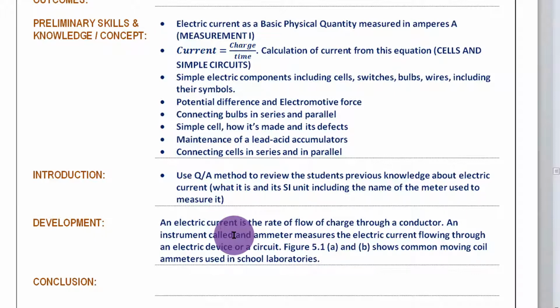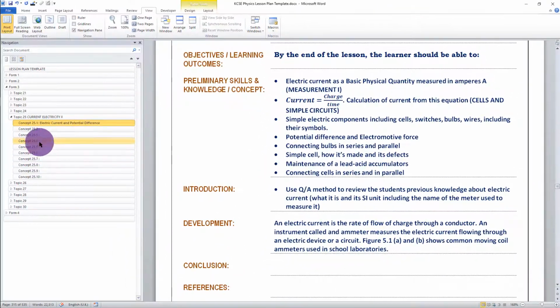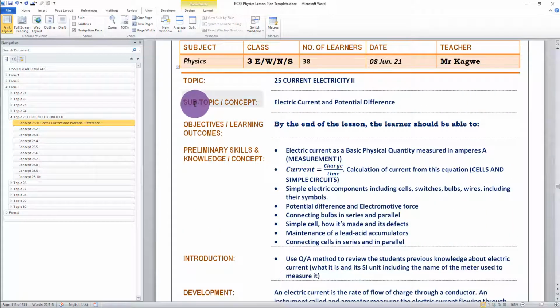Before I leave this page, I want to alert you that the second change I've made to this lesson plan document template is that I've added next to the subtopic, instead of just calling it subtopic and leaving it at that, I have added this, or concept, because what you might be wanting to teach here is a particular concept.